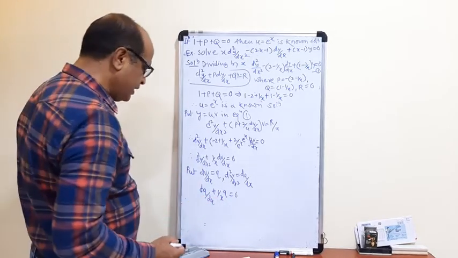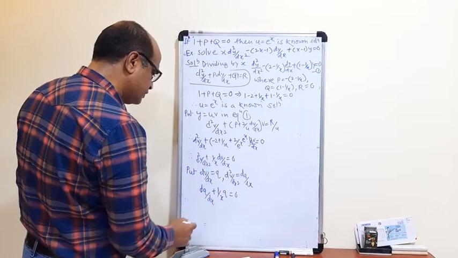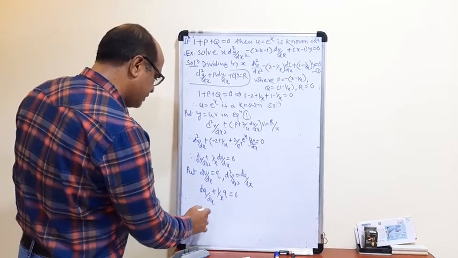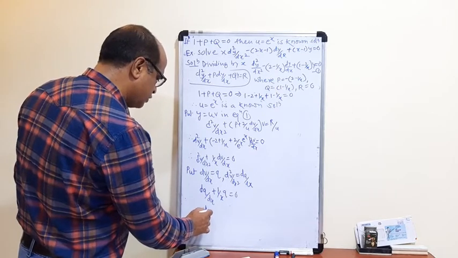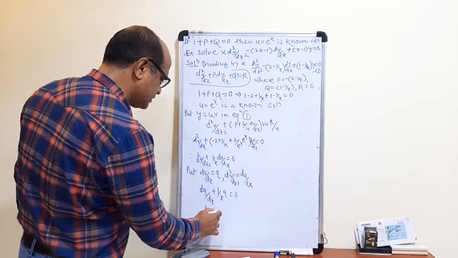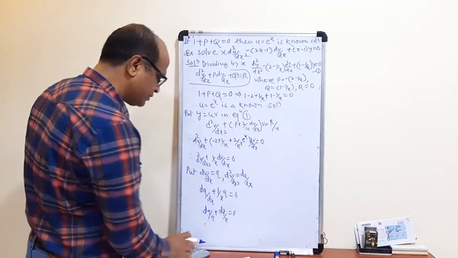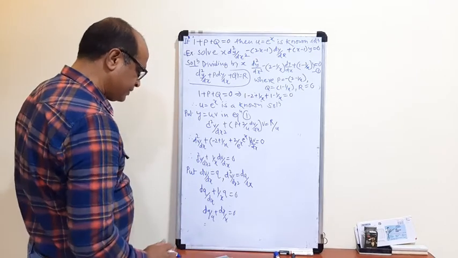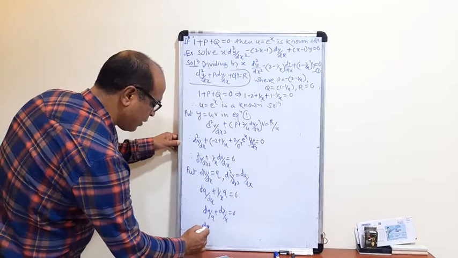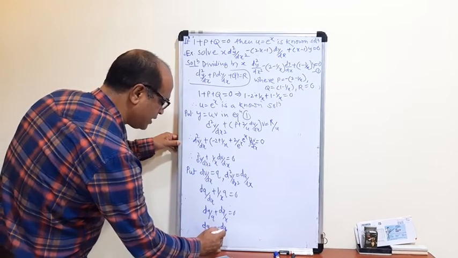By variable separable type, this can be written as dq by q plus dx upon x is equal to 0. So dq upon q is equal to minus dx upon x.